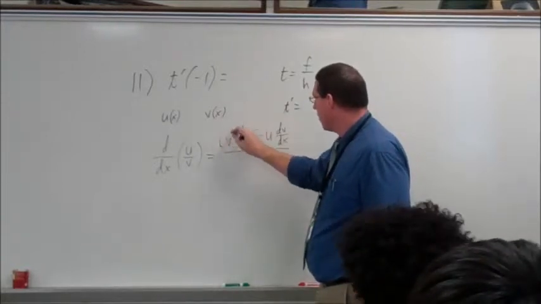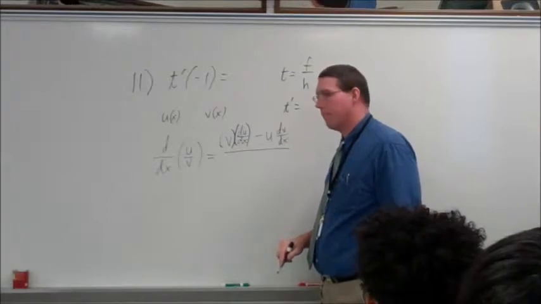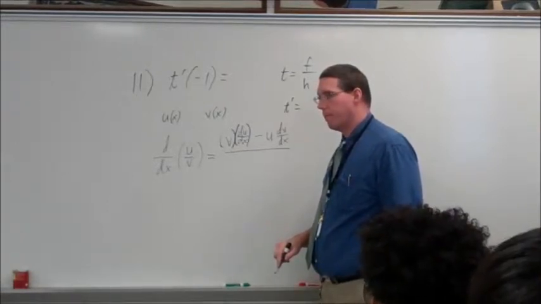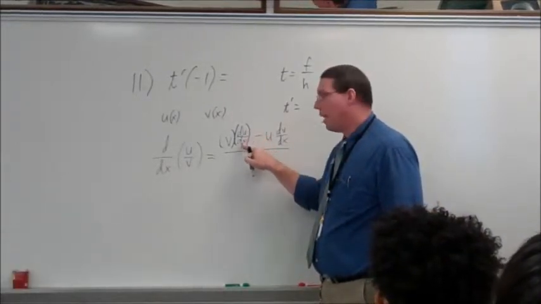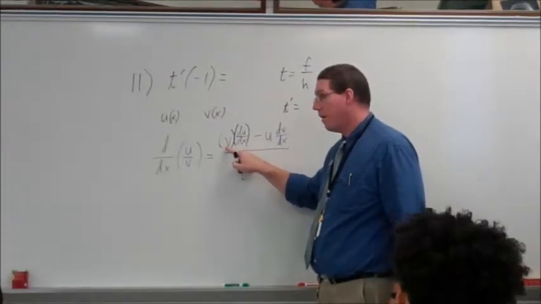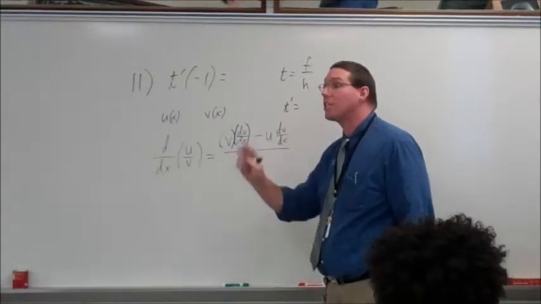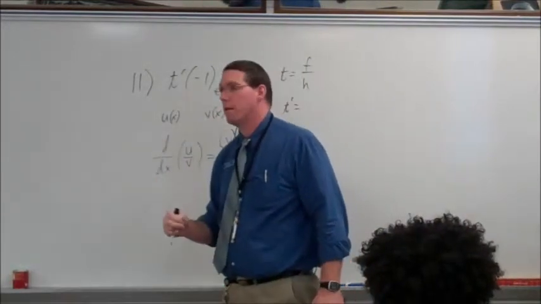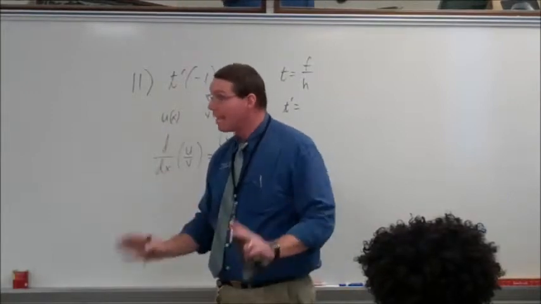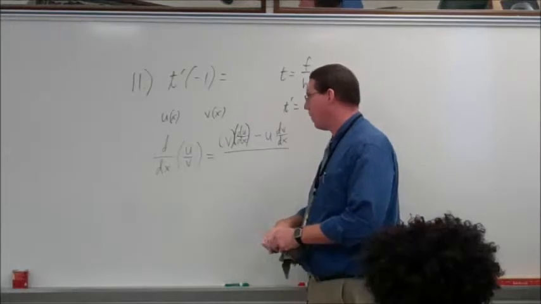Which derivative is first, the top or the bottom? du dx is a derivative. v is not a derivative. This is the derivative of the top times the bottom. They just happen to write them in a different order. Remember, with multiplication, it's okay to swap them.